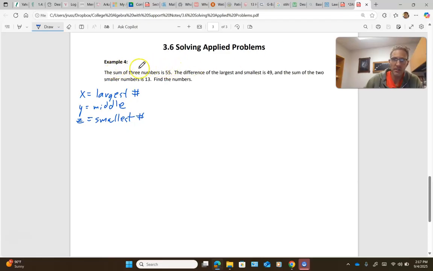This very first sentence, this is your first equation. Remember how I told you you'll typically have one equation that represents something plus something plus something is equal to a sum total? Well, that's what this is. The sum of three numbers, or in other words, X plus Y plus Z is 55. Okay, so that is our first equation.